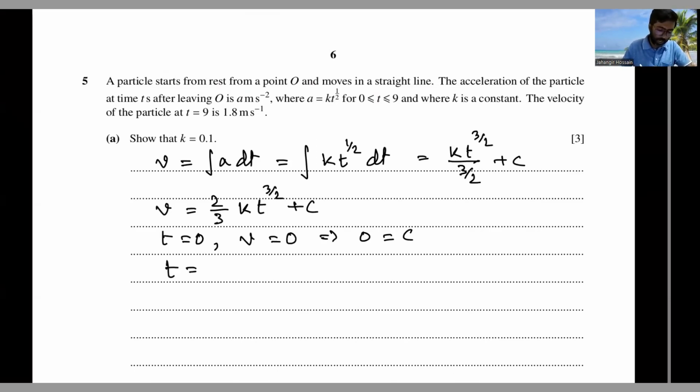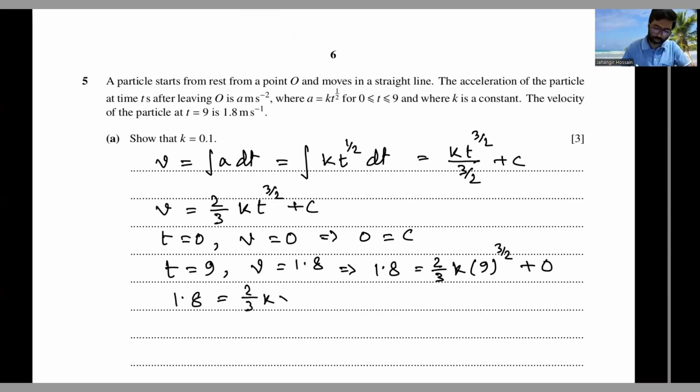Now at t equal to 9, v is equal to 1.8. So 1.8 equal to 2 by 3 k into 9 to the power 3 by 2 plus 0. So 1.8 equal to 2 by 3 k into 27, so that is 18k equal to 1.8, k is 0.1. That is what we had to show, that's part A.